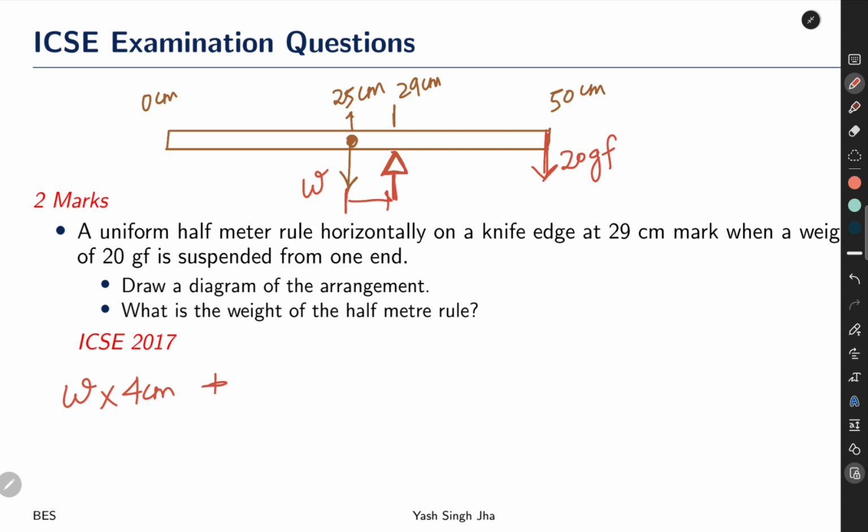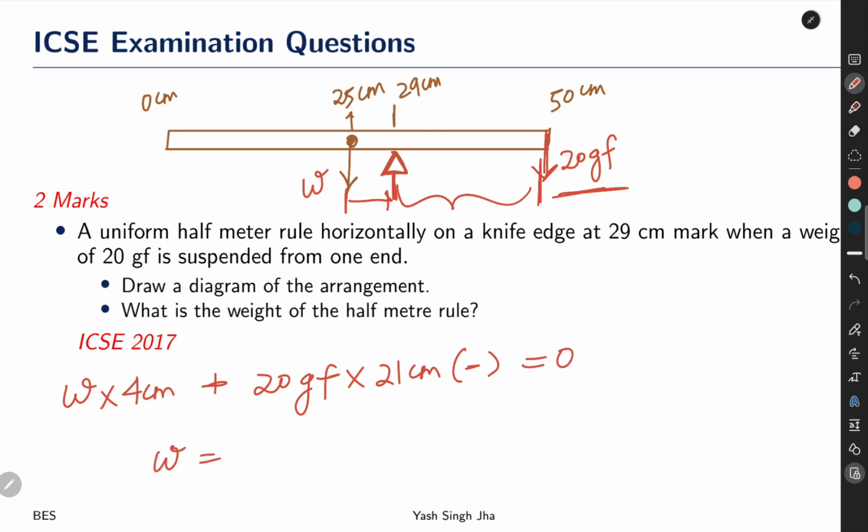Plus torque due to 20 gf is what? It is force 20 gf times distance. What distance? From the force to the point of rotation. So it turns out to be 21 centimeters. But it is clockwise, so negative, equals 0.